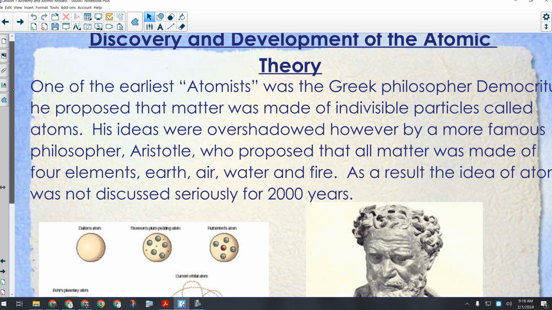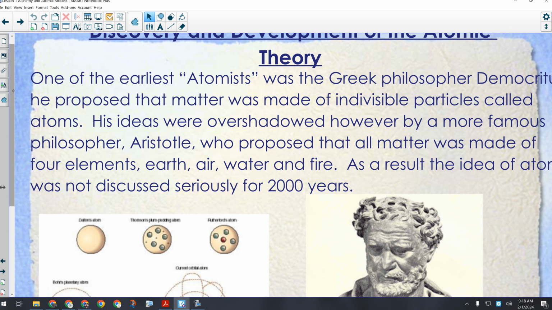Now, the idea of the atom has been around for a very, very long time. We only confirmed that matter was made of atoms, let's say 350 years ago, but the idea that matter was made of atoms has been around since the Greek Empire. Now, originally, and continually actually, the Greek Empire believed that all matter was made of four things.